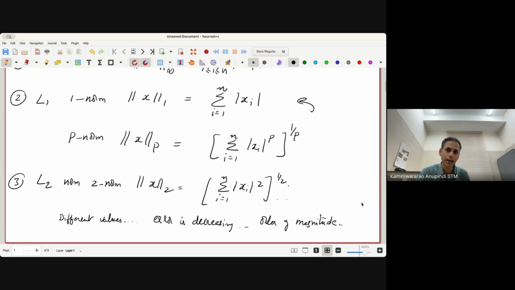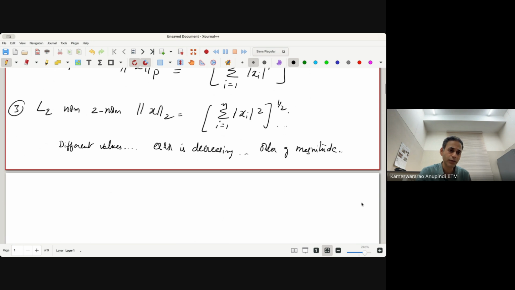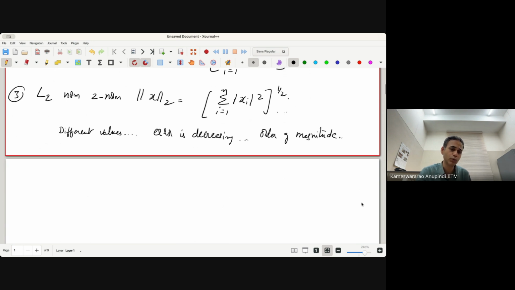Okay. Now again, these are a few norms that are there in the literature. You can also come up with your own norms to define the norm of a vector. But all these norms that are there, and that may be defined in future, should satisfy the following properties.